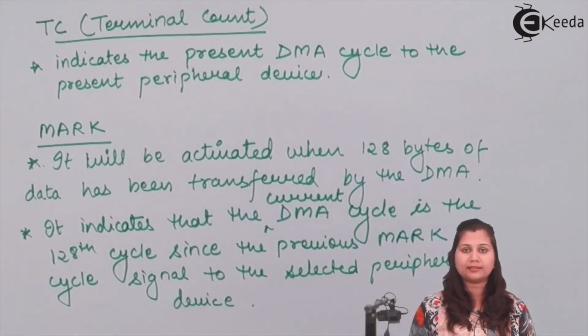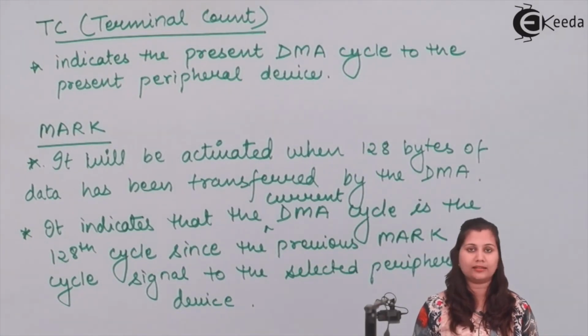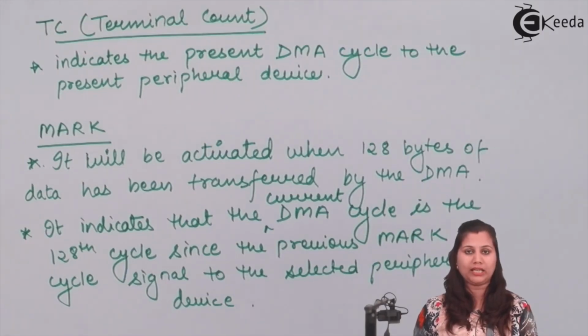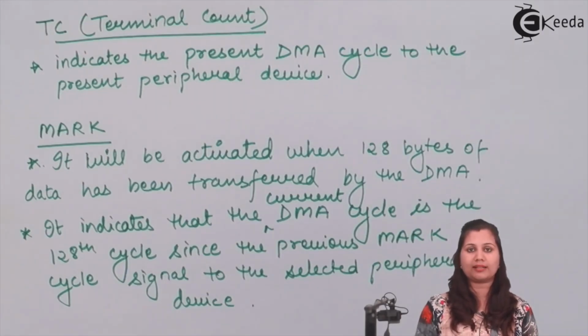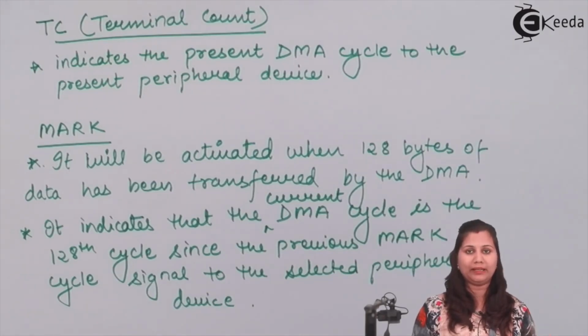This mark signal indicates that the current DMA cycle is the 128th cycle of the DMA since the previous mark signal was sent. After every 128 bytes of data, this mark signal will be generated, so the DMA will know that 128 bytes of data have been transferred.